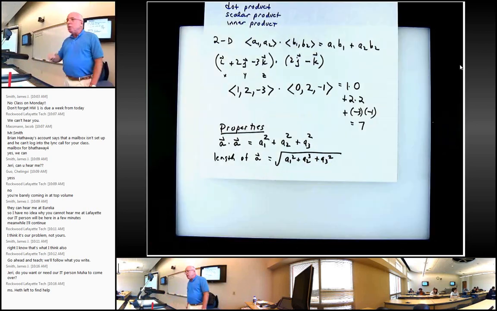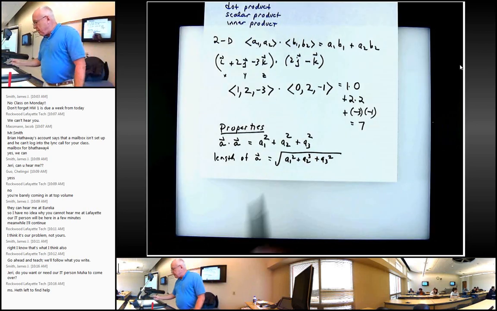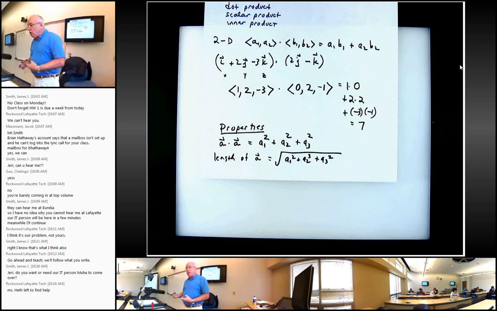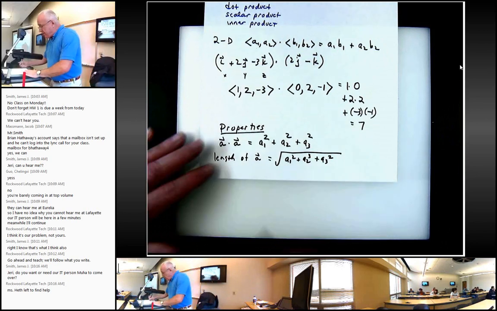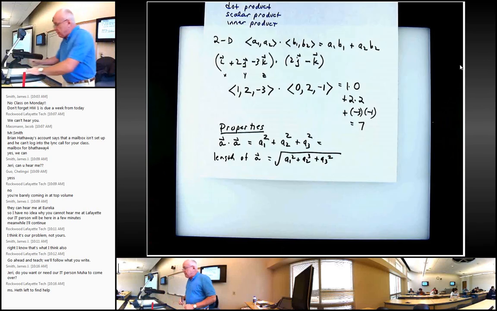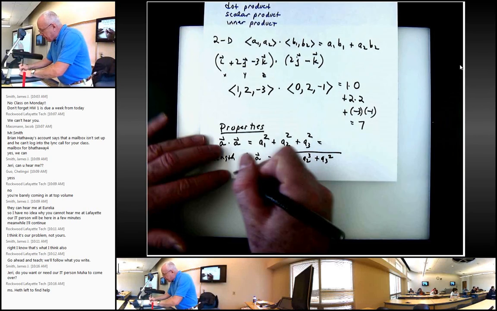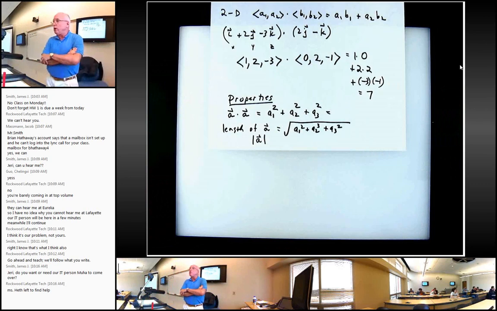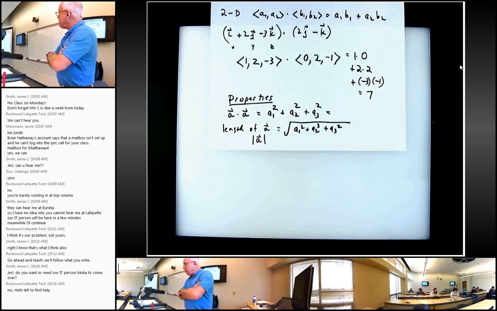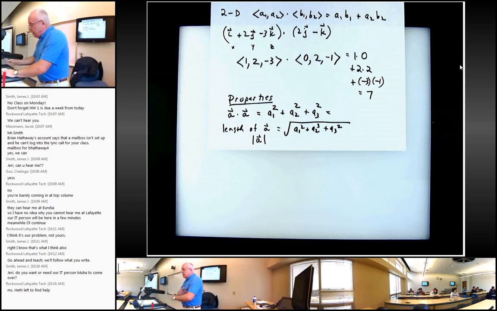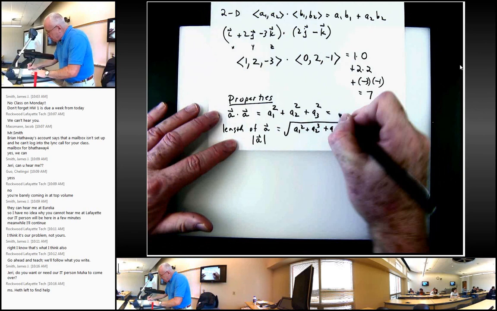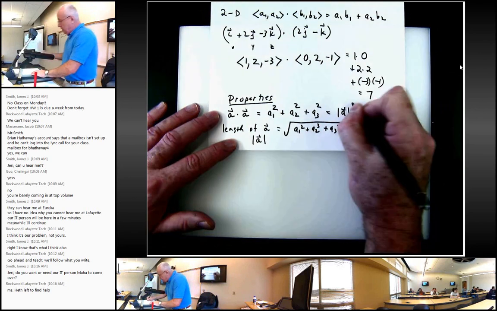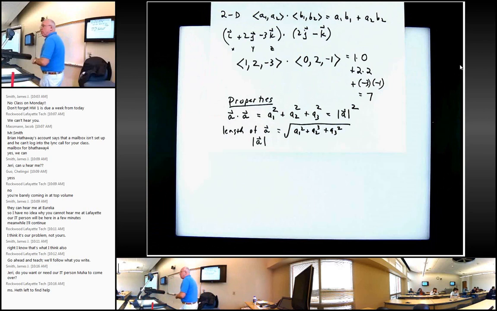So when we dot A with itself, we get the inside of that radical, right? Another way of saying the length of A is to use those vertical bars, the absolute value bars. So basically the dot product with itself is equal to that length squared, where I get rid of the radical, all right?